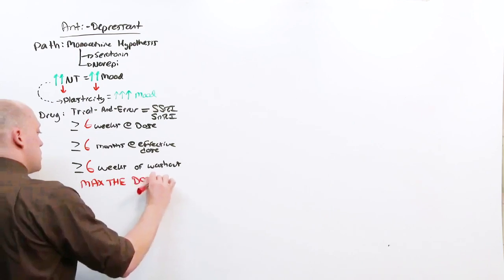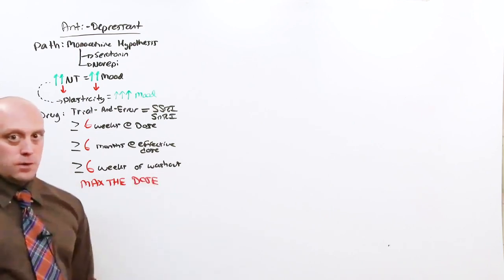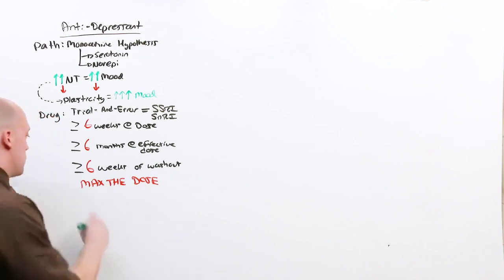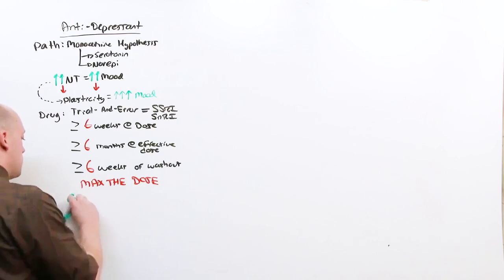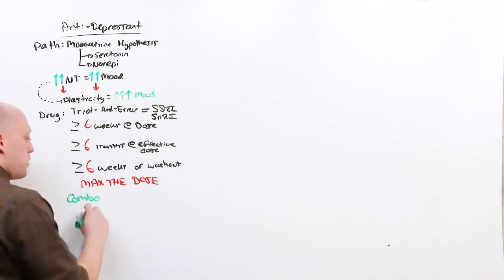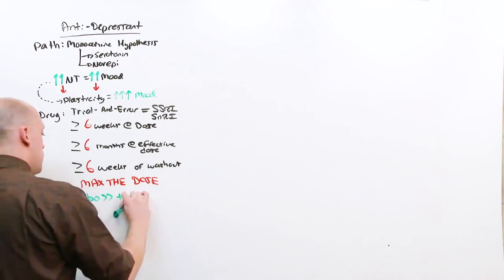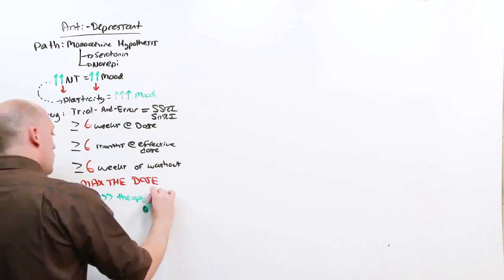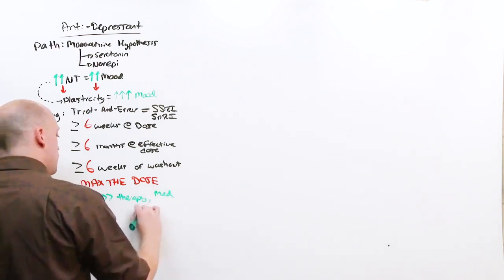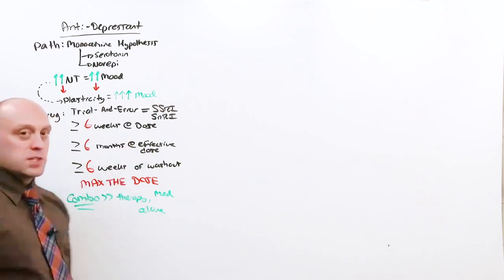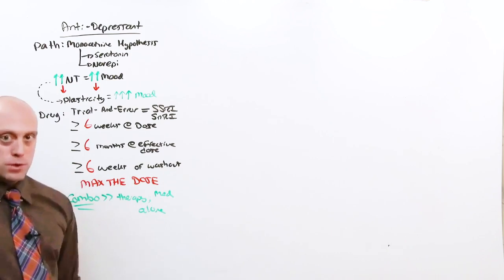And you limit your dosing based on the side effect profile. But always remember, in treating depression, the combination of psychotherapy and medications is far better than therapy or medications alone. So all the while they're on this, you're still going to see them in the office, helping them through their stressor.